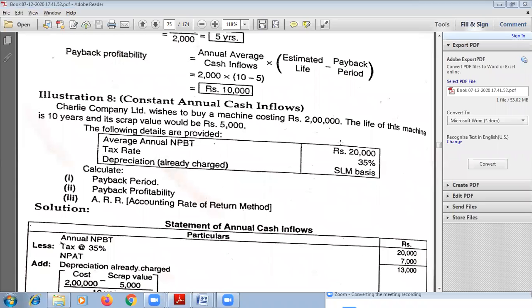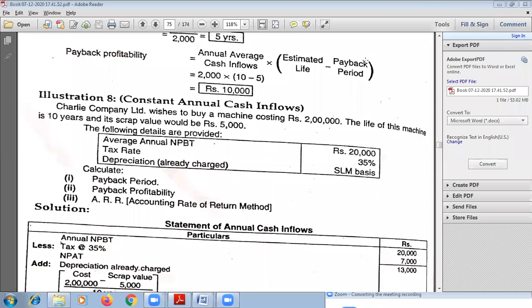Charlie Company Limited wishes to buy a machine costing rupees 2 lakhs. Is this question visible to you clearly? The question is visible. Okay.